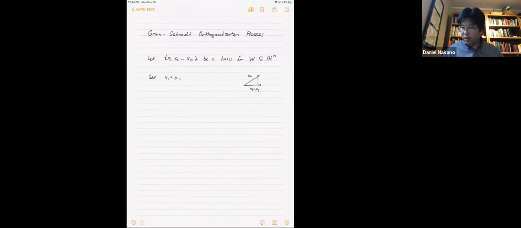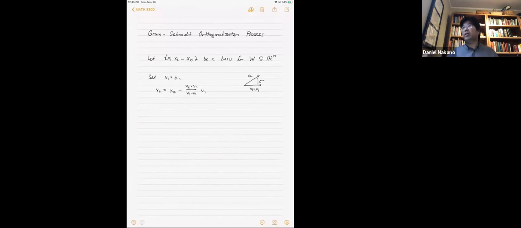So V2 is X2 minus the dot product of X2 and V1, over V1 with V1, times V1. This vector at the end is just the projection onto X1, and V2 is just X2 minus that projection. And that gives you this vector over here. Any questions on this?